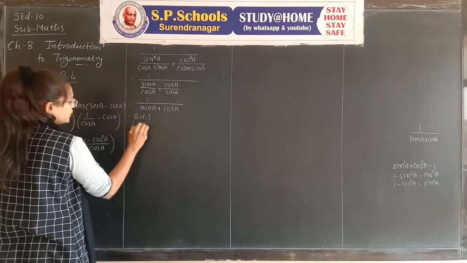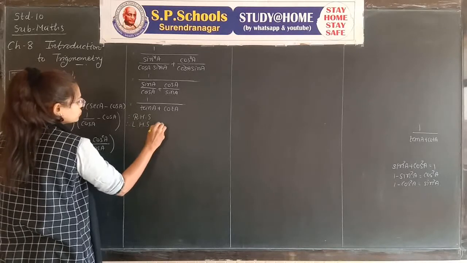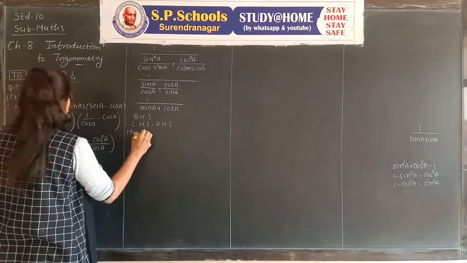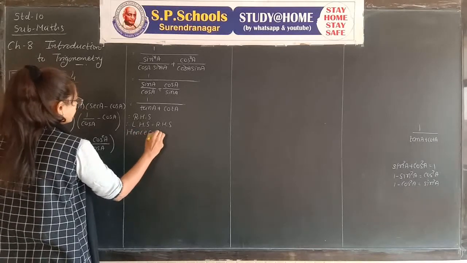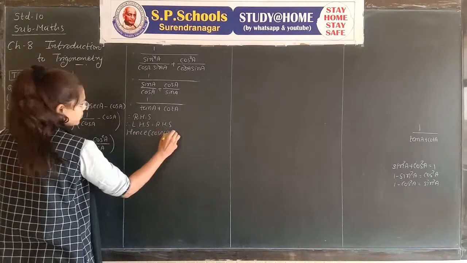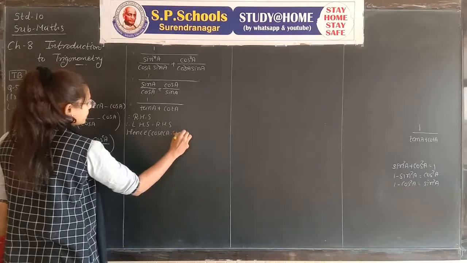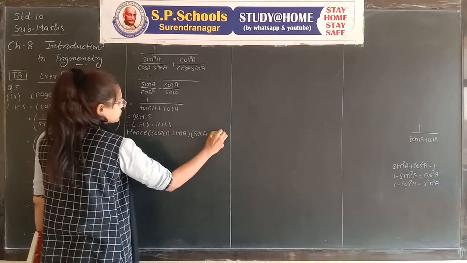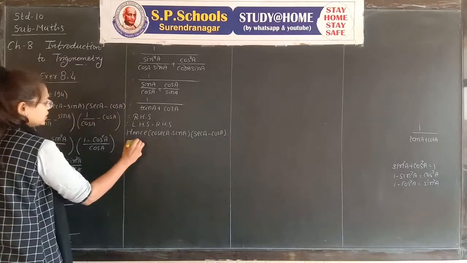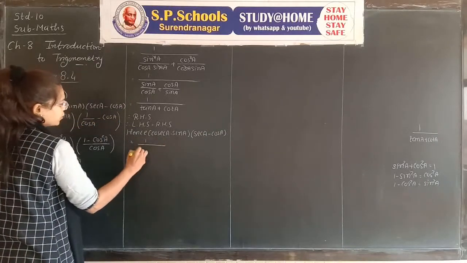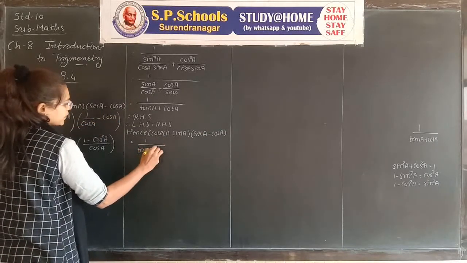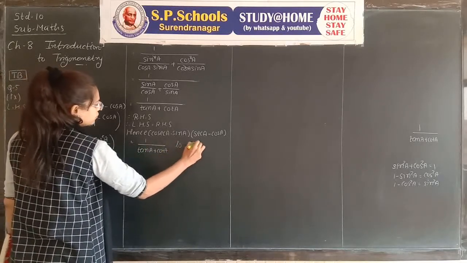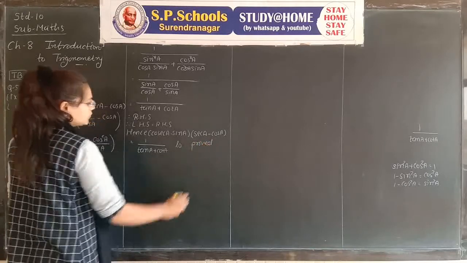Therefore, left hand side is equal to right hand side. Hence, our left hand side, cosec A minus sin A into bracket sec A minus cos A, is equal to 1 upon tan A plus cot A, is proved. Okay.